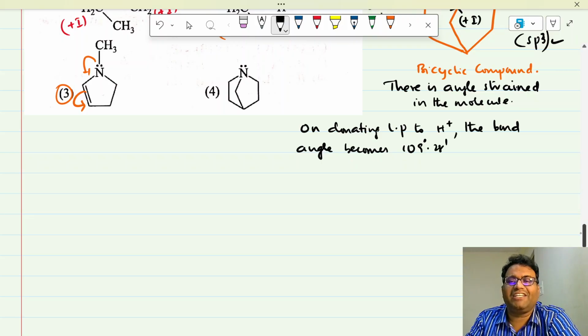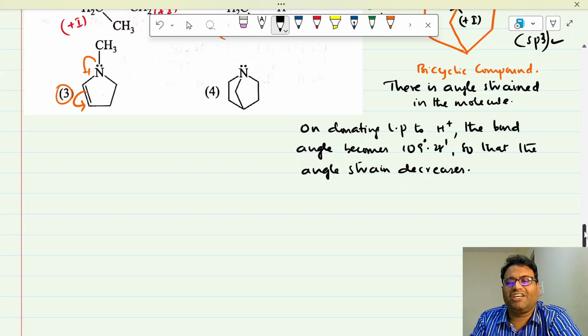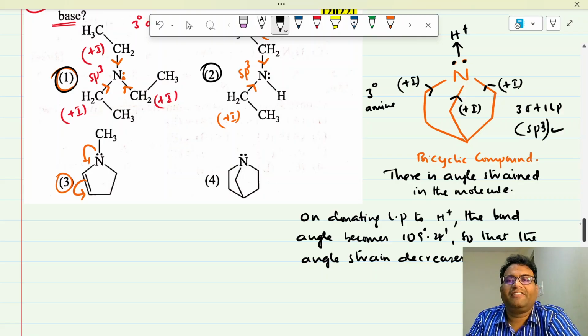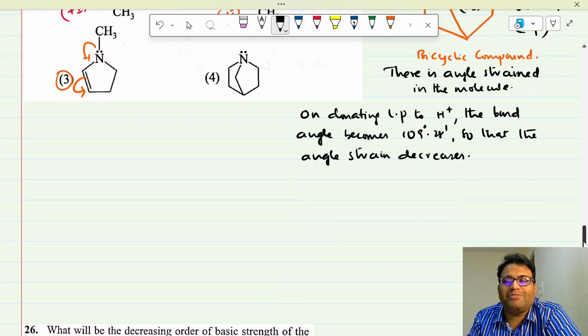That means the bond angle increases so that the angle strain decreases. As this angle strain is decreasing on donating this lone pair, it readily donates. Yes, I want to donate. If I donate, my angle strain decreases. So it will donate the lone pair. When it donates the lone pair, as the angle strain is decreasing, it becomes stable. So after donating, it becomes the conjugate base.